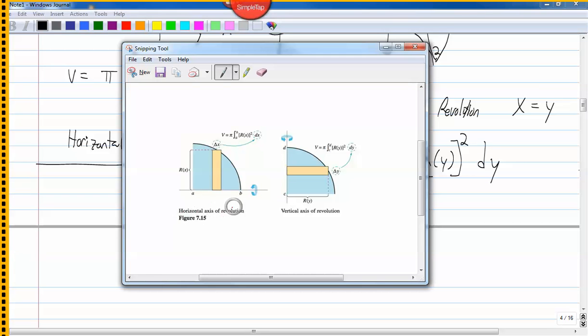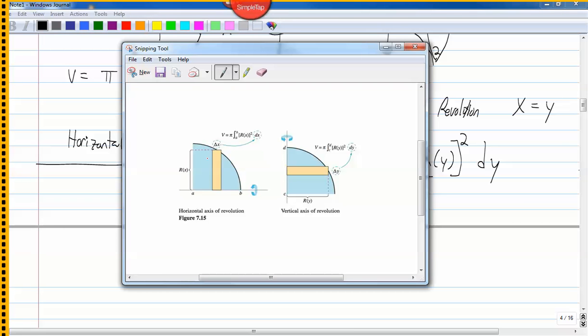Remember, horizontal axis of revolution means you're revolving about some line that's horizontal. You're taking an infinite number of these rectangles, and you're revolving them about a line. And when you revolve them, you're making disks. You're making solid disk figures.